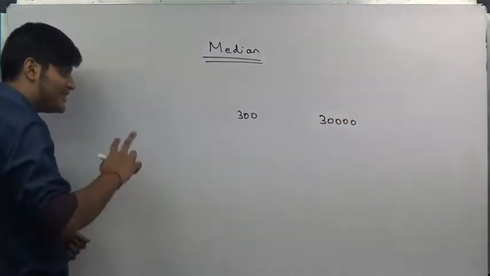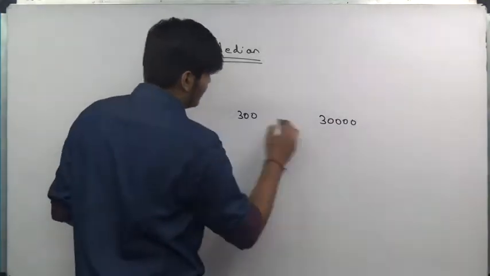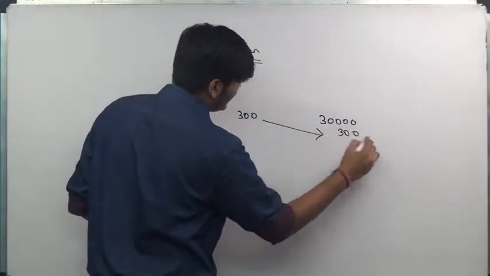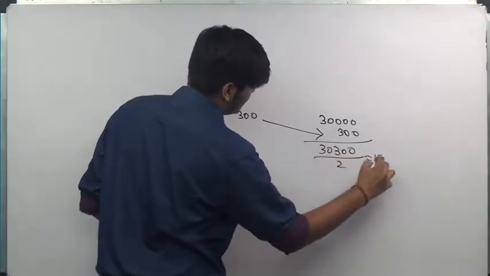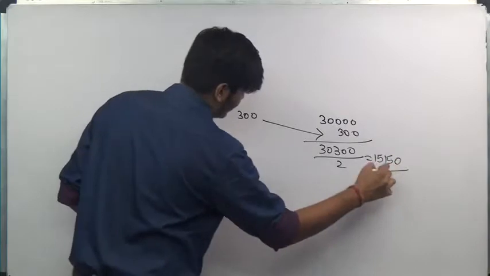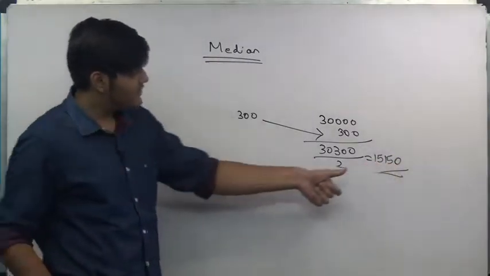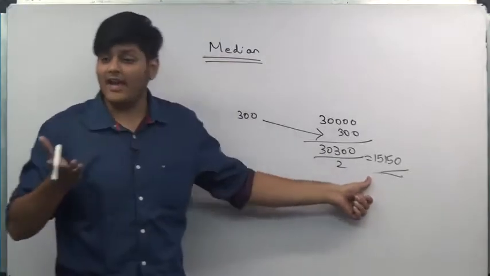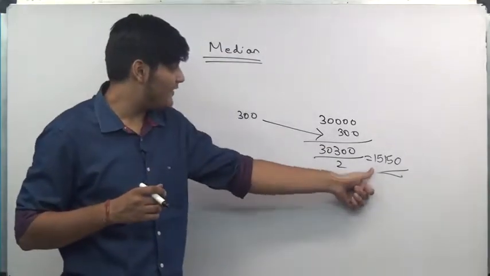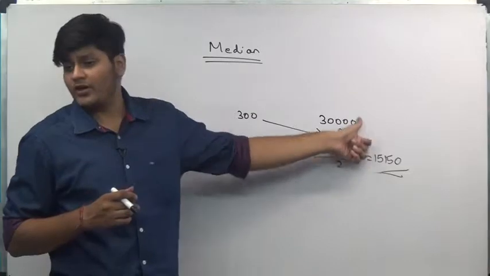The average of the two people comes down to 30,300 divided by 2, 15,150. This average is not at all accurate according to the observations that we have, because there is a lot of inequality in between.